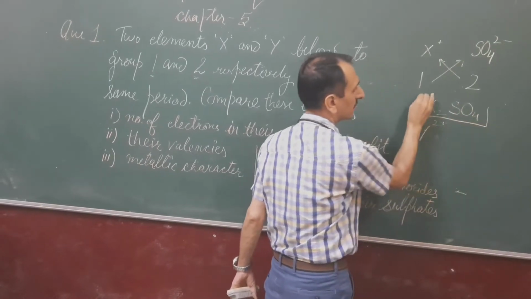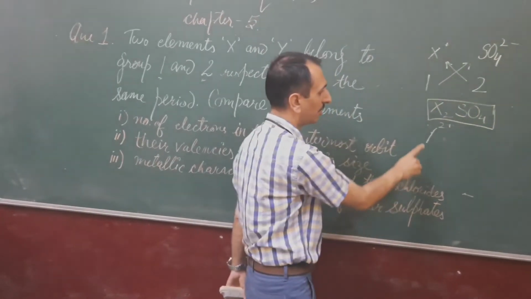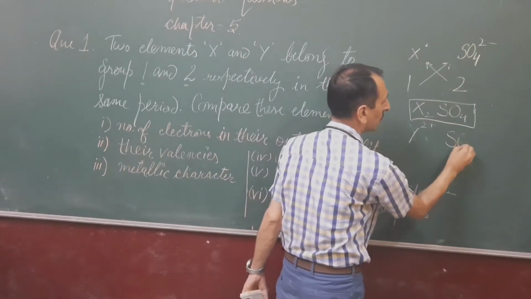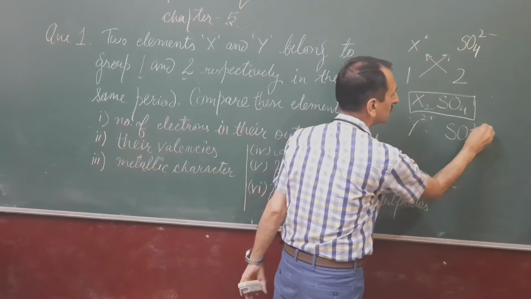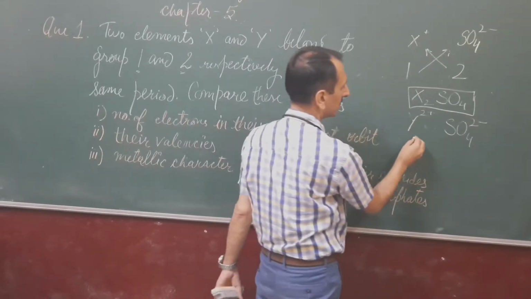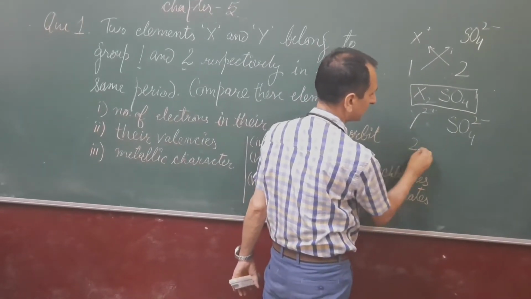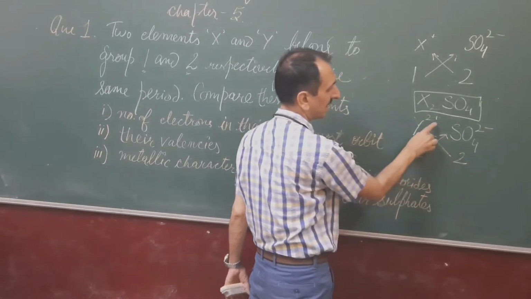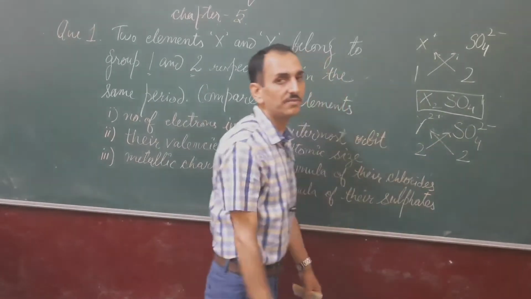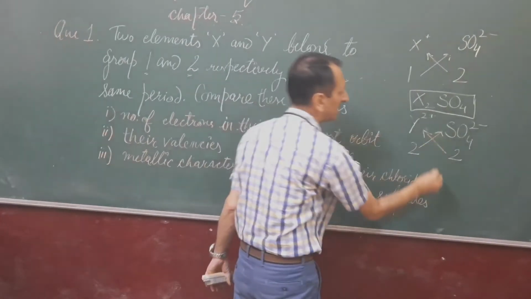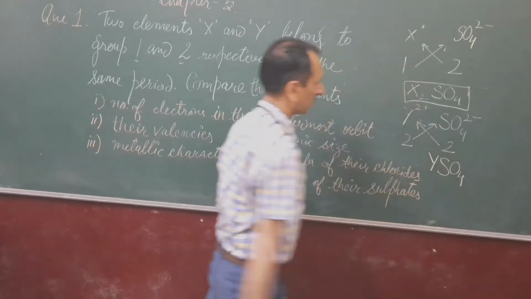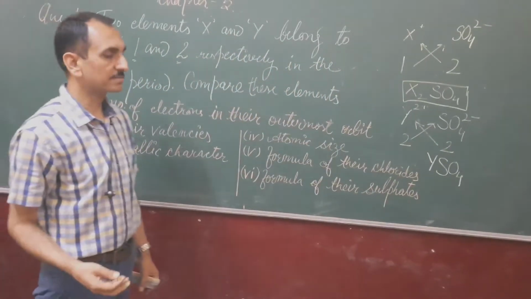This is the formula of the sulfate of X. Now about Y. Y has 2 positive, SO4 has 2 negative. Crisscross. Valencies are 2 and 2. But as they are 1 positive, 1 negative, they will cancel out and the formula will be YSO4. We have done all the parts.